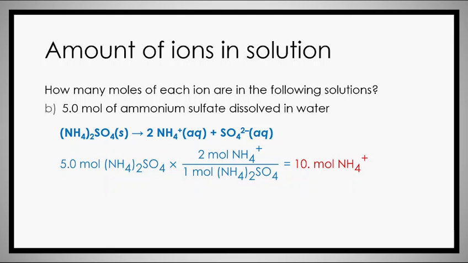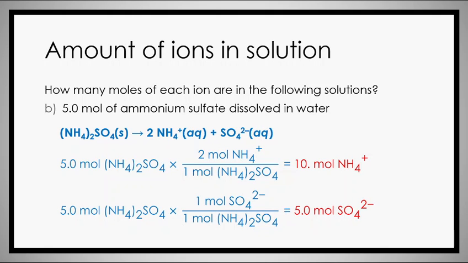On the other side, if we have 5 moles of ammonium sulfate, it's in a 1-to-1 relationship with sulfate ions, and so we'd end up with 5.0 moles of sulfate. And so in these cases, you just have to make sure that you remember how to do dimensional analysis. You need to also remember all your polyatomic ions and how to do your nomenclature, because that's usually going to be the first step that is involved in order to do the rest of these problems.